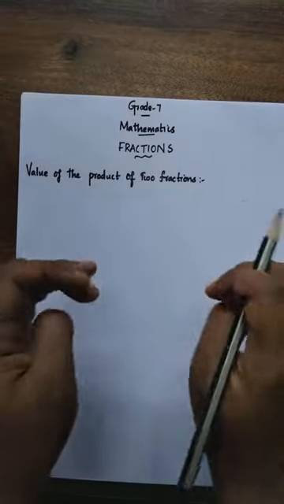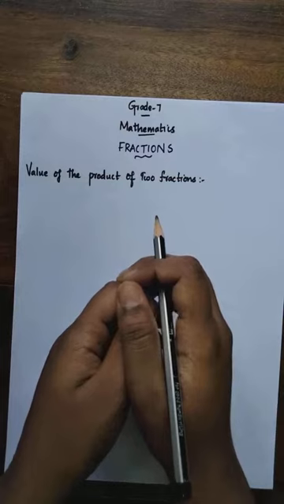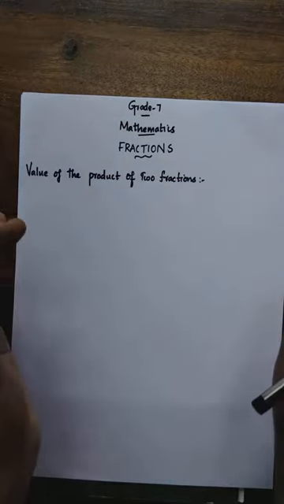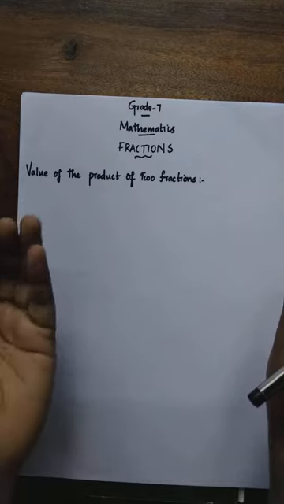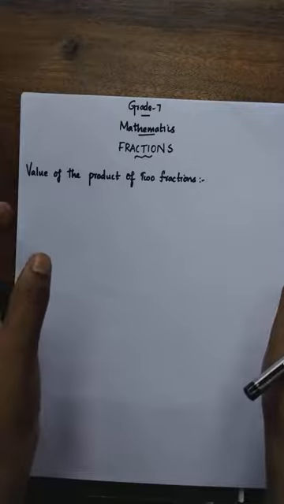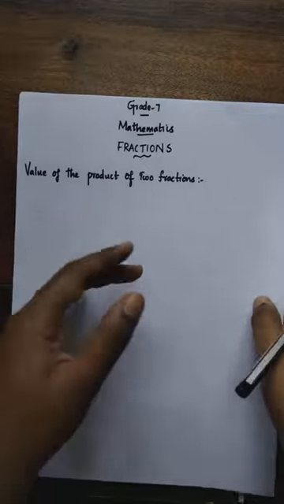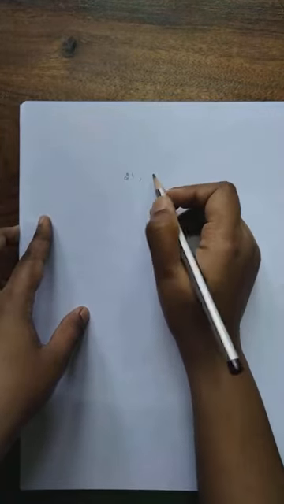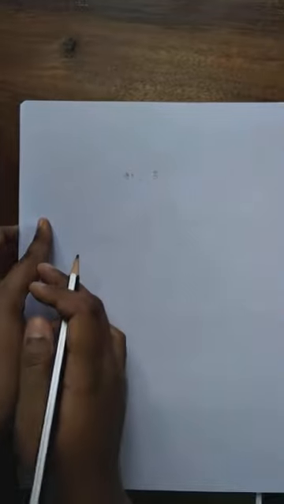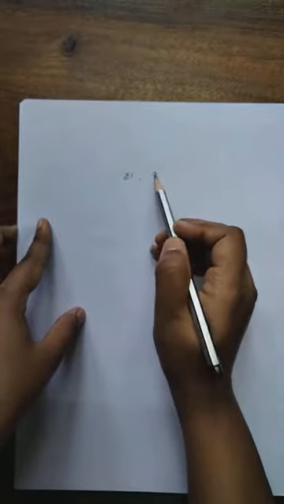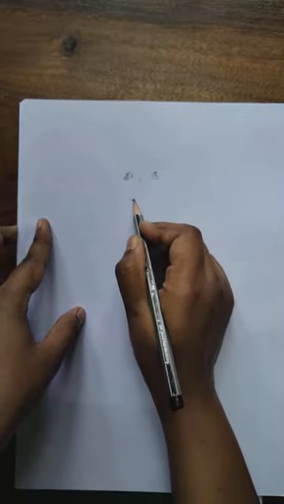When any two whole numbers are multiplied, is the product greater or less than each of the numbers? Let's see one example. Take the whole numbers 7 and 3.